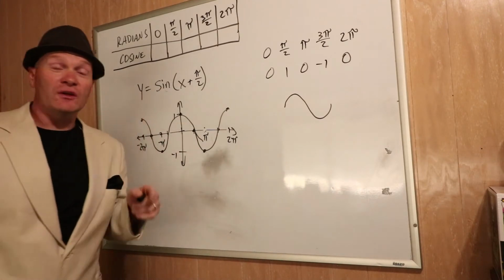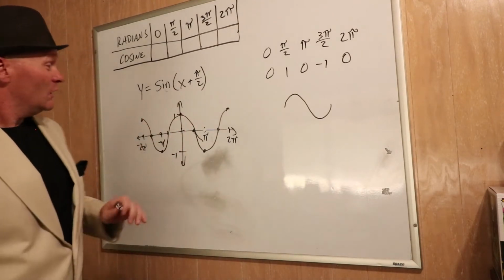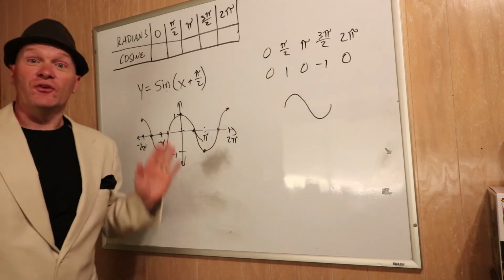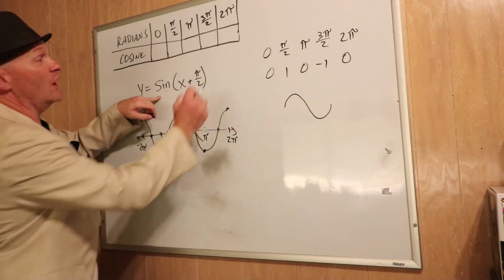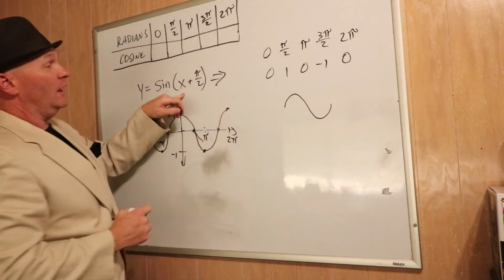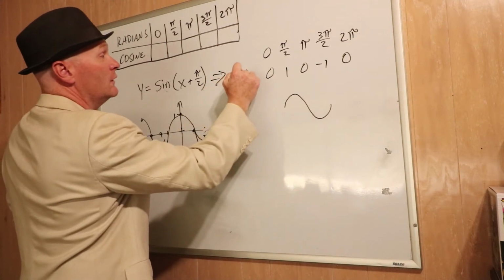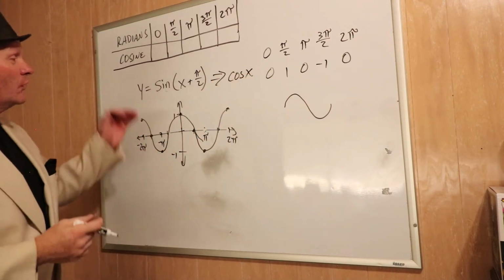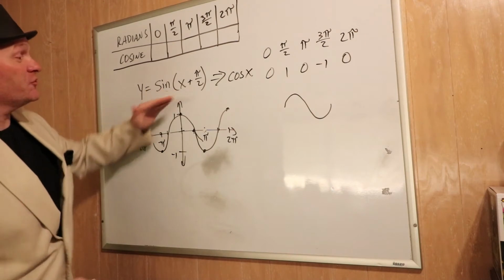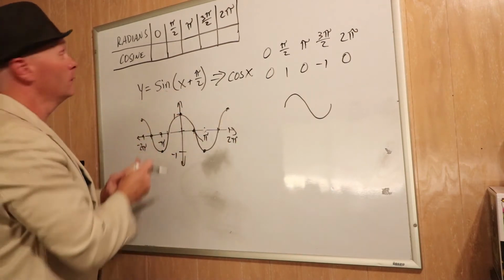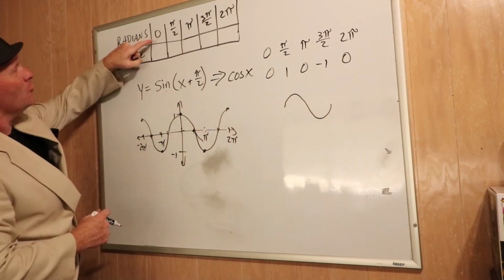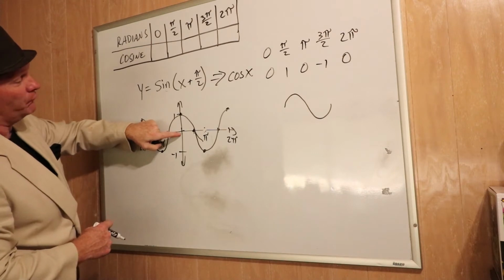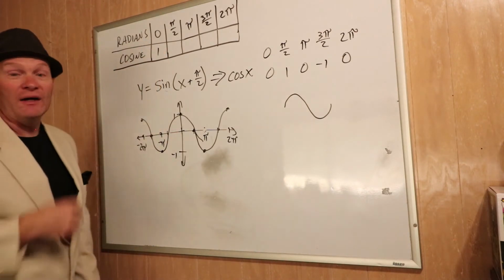Now the interesting thing about this graph is that this is the graph of cosine. So sine of x plus pi over 2 is the same thing as cosine. The cosine graph is simply the sine graph shifted a little bit. So for cosine, if it's 0 radians, the y value is 1.